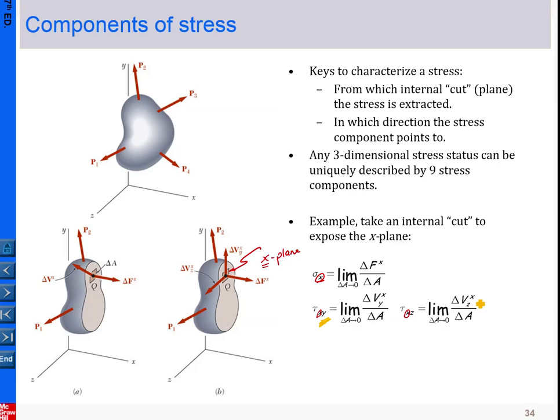This stress points in the z direction, so that goes here. Basically, the symbols tell us this: the first symbol gives us which plane the stress is on. The second symbol is about which direction the stress is pointing to. So keep this symbol in mind.